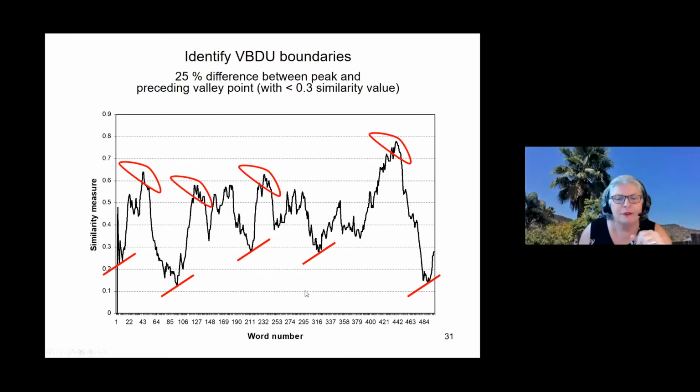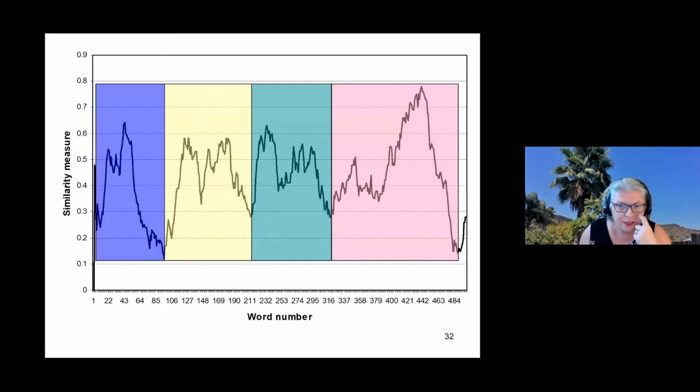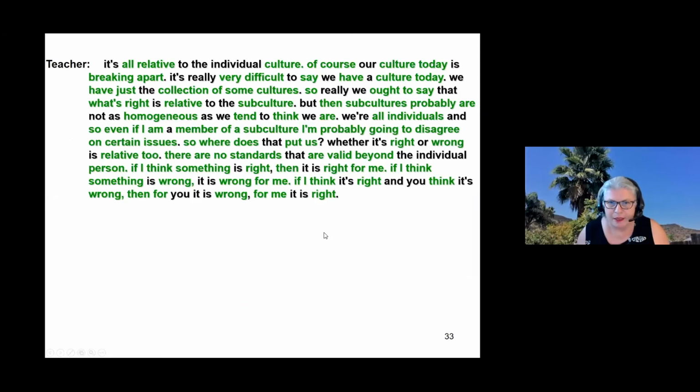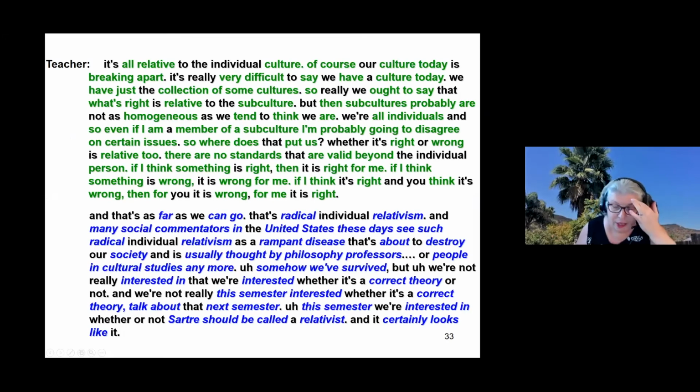So we are identifying the valleys and the peaks, and so we are able to segment discourse into different units. In this case, with those measures, these 4 different units occur. Very well, then let's move on. Let me show you a little text extract, how this actually manifests itself.